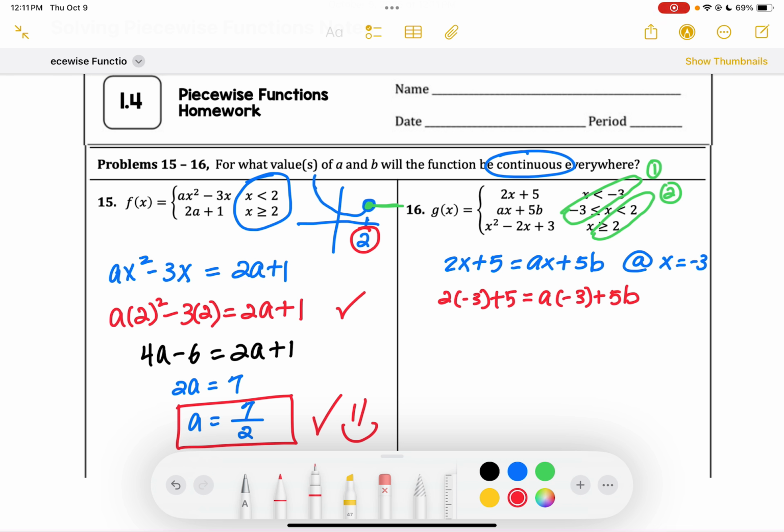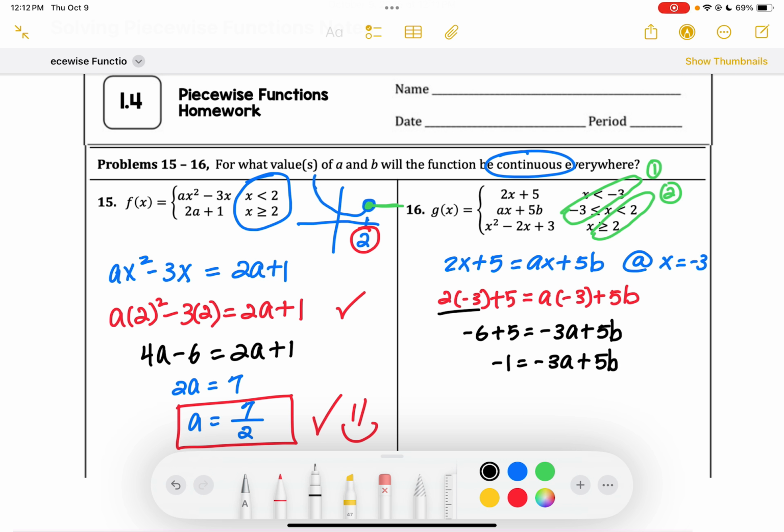Very good. Housekeeping. Can we do a little bit more? Yes. 2 times -3 would be -6 plus 5, equal to -3a plus 5b. Can I continue? Yes. So I got -1 equal to -3a plus 5b.